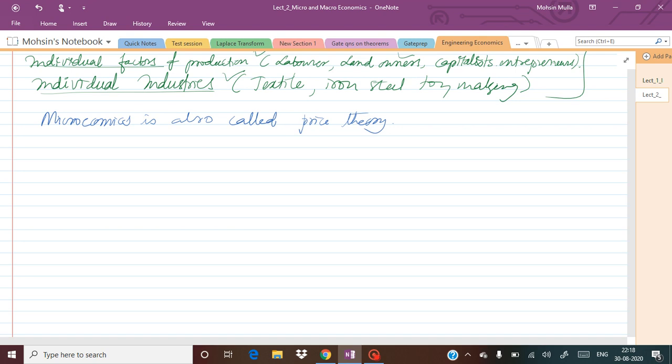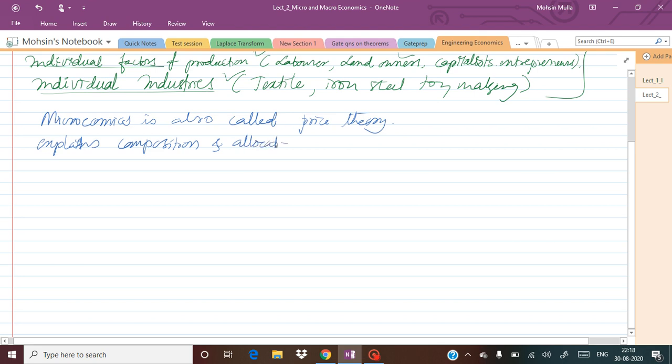Price theory explains the composition and allocation of total production.